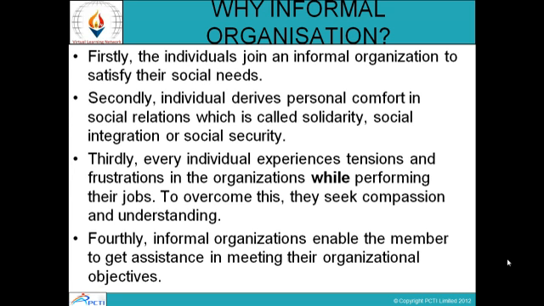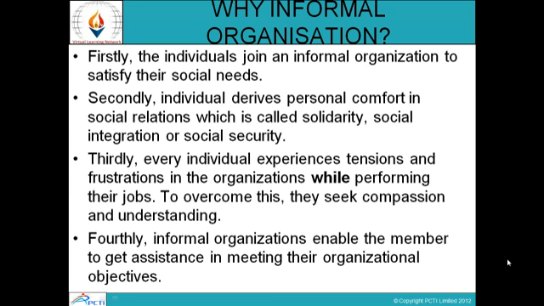Firstly, individuals join an informal organization to satisfy their social needs, because people always want somebody to talk with, to have discussions with, and to share their feelings and anxieties with. So it is always required to satisfy oneself as a social person, and this is always there in an informal organization.